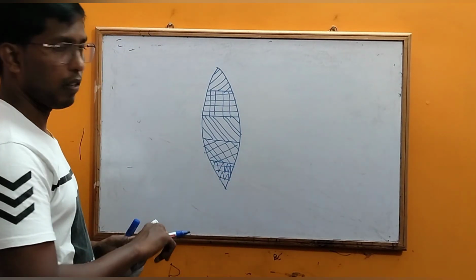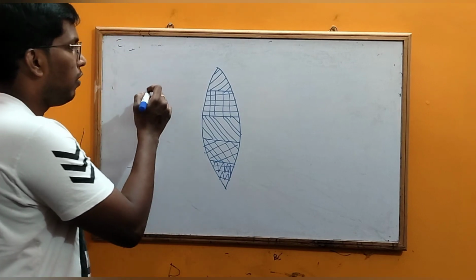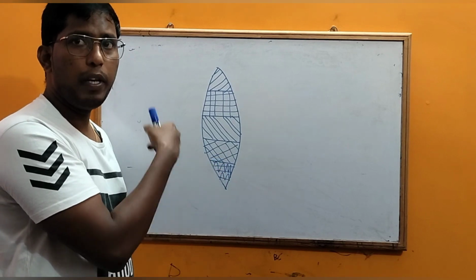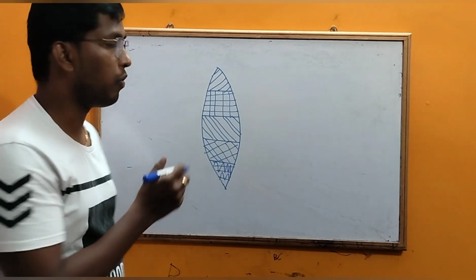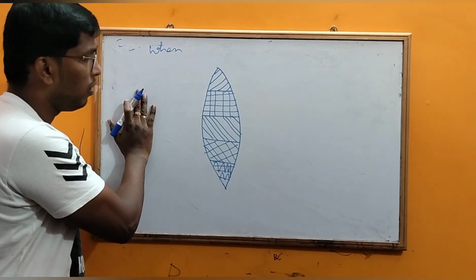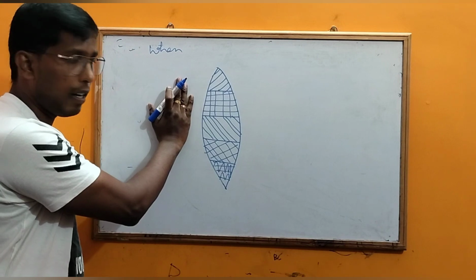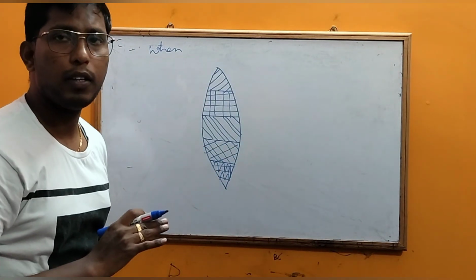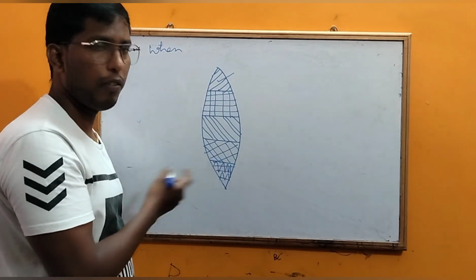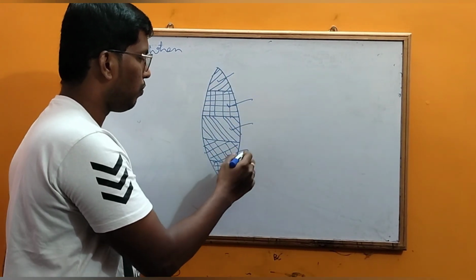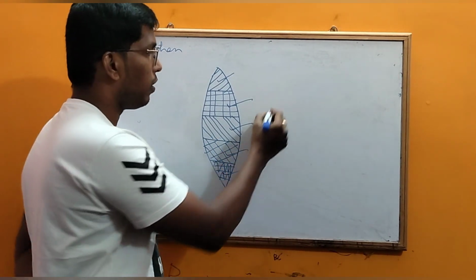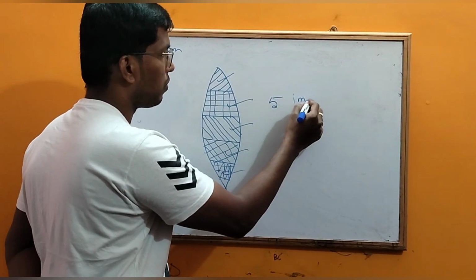Now the question is, when a light ray passes through this lens, how many images will be formed? When we pass the light rays through this transparent lens, how many images are formed? If you see one structure, different structure, 2, 3, 4 and 5, so 5 images are formed.